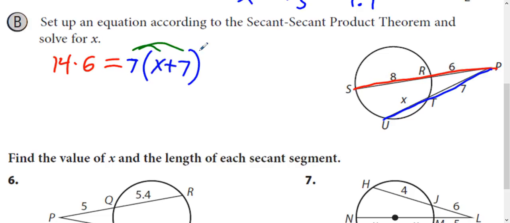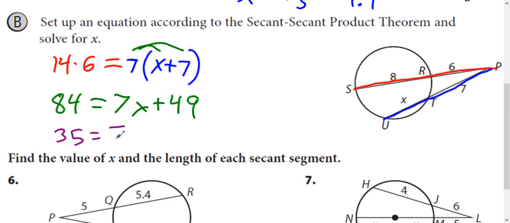And then you distribute and solve. So subtract the 49. So you get 5.